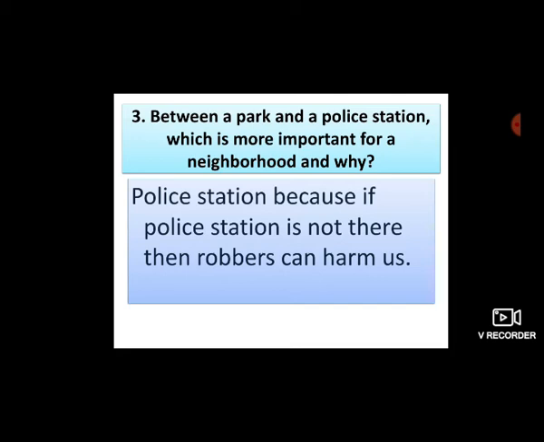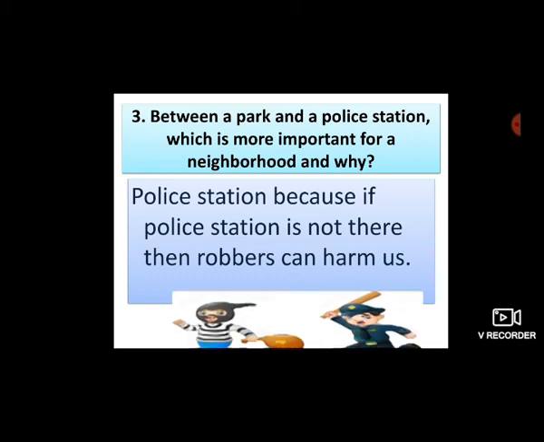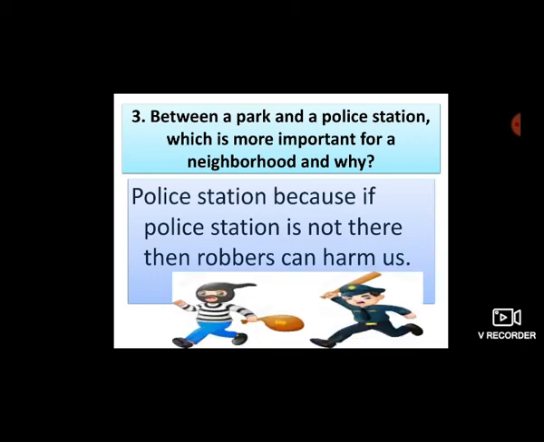If we don't have a park, then we can do these things at our home also. Yes, but police station is more important, because if there is no police station, then robbers can harm us. Yes, students. So police station is more important than park.